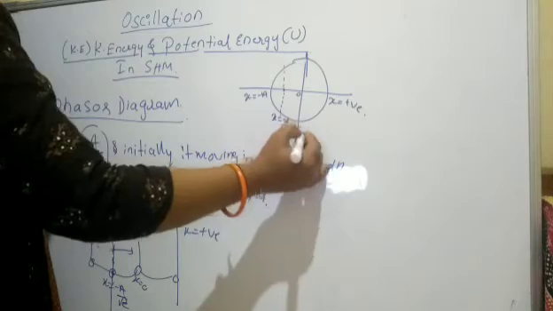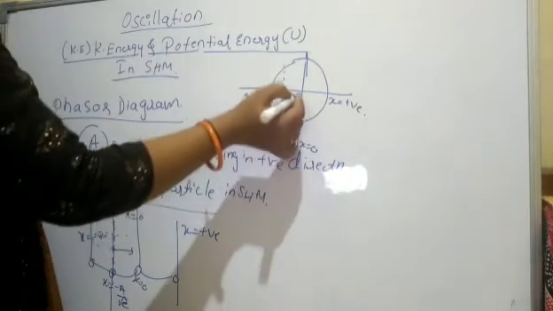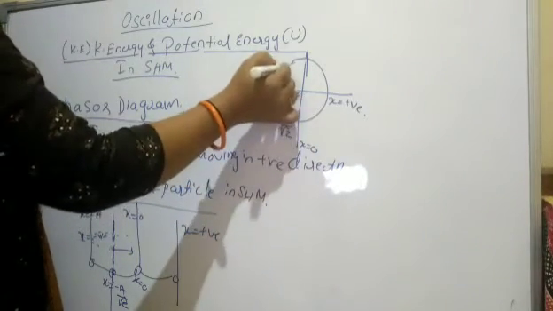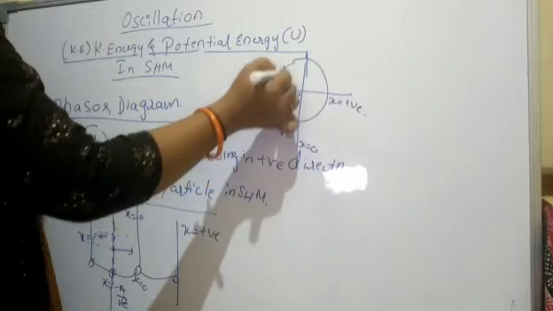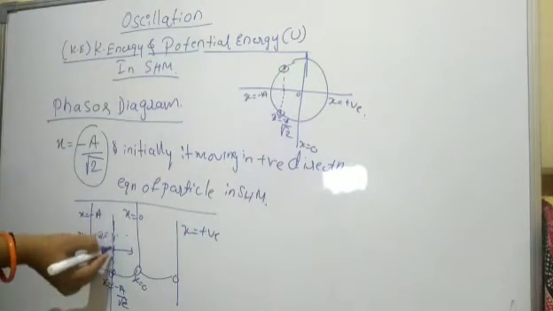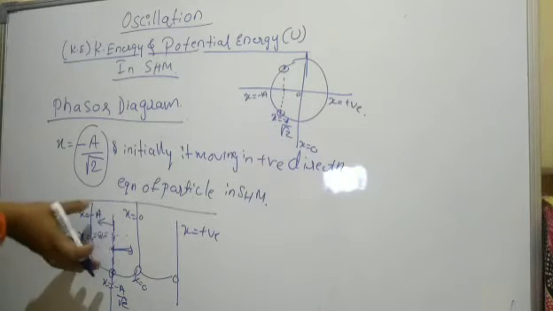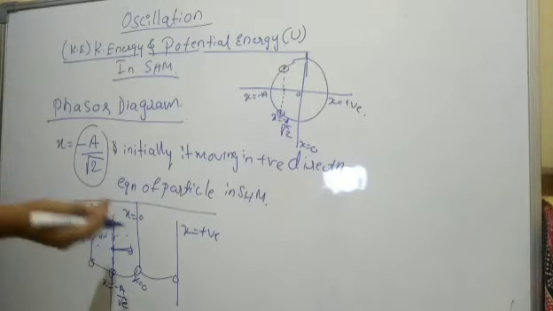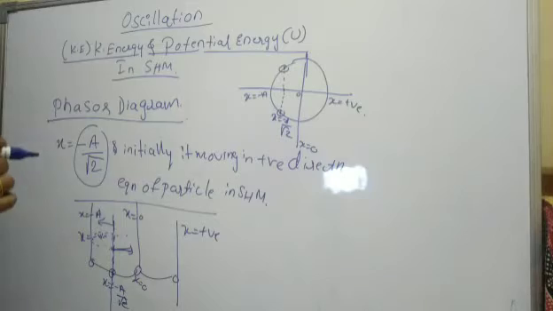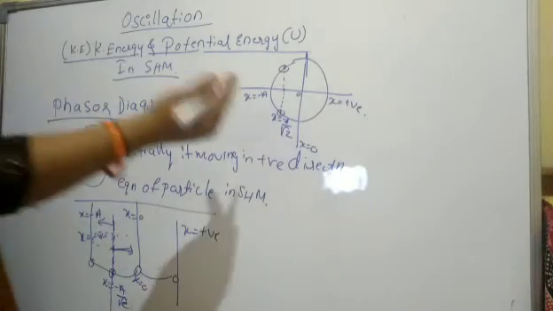This is x equal to 0. It may move in this direction or in this direction, but the particle is on the negative side of the position.